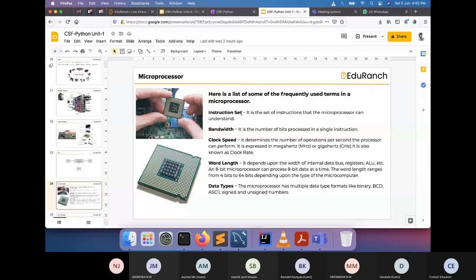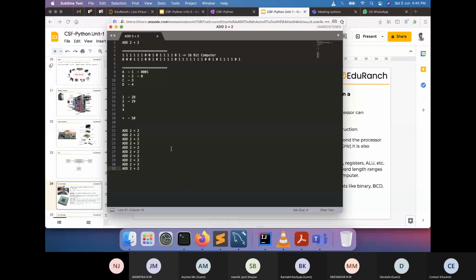Every microprocessor comes with a predefined instruction set. For example, if you send this command to a microprocessor, how do you know that this is A, this is B, this is C, this is D?